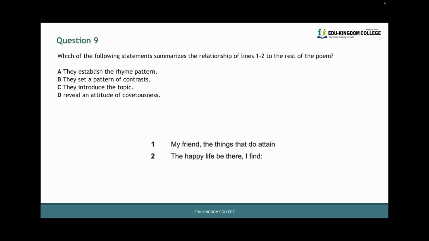So it tries to tell us that what they're going to be talking about in the poem is all the beauty in this area, all the happiness that they experience in their life. So it's not something that is negative, and it sets the tone for the entire poem. So by introducing this optimistic tone, we get an idea of what the rest of the poem is going to be like, and that best aligns with option C.